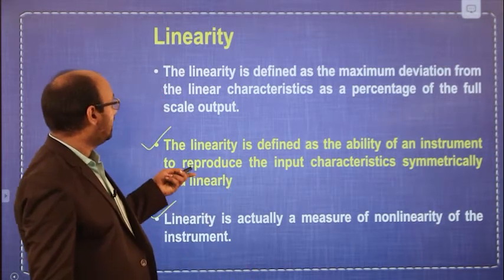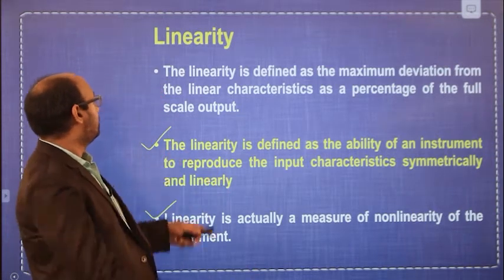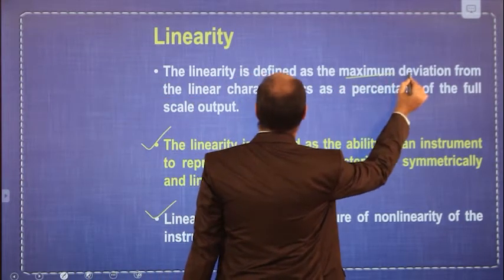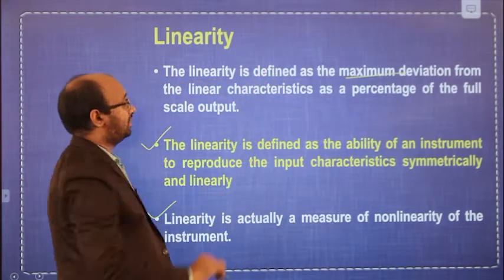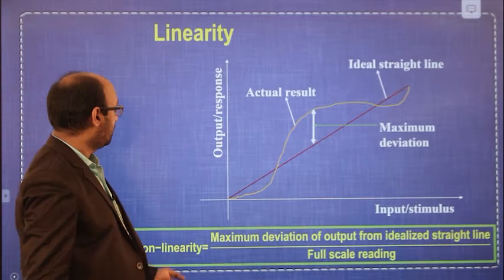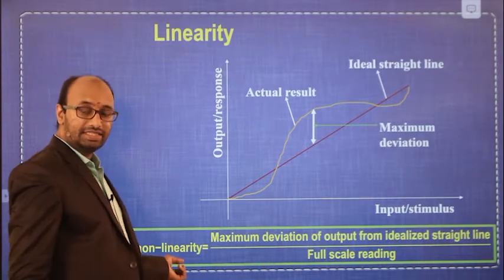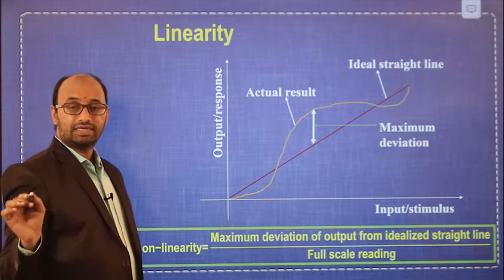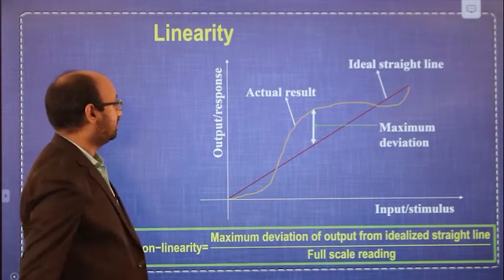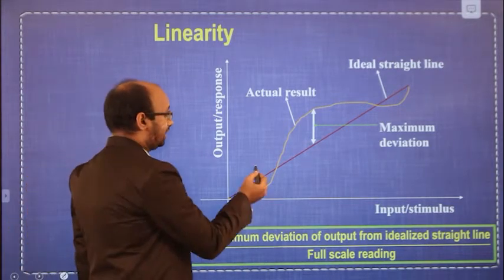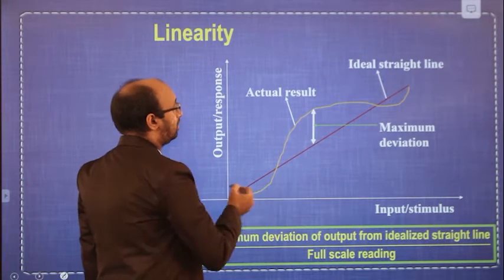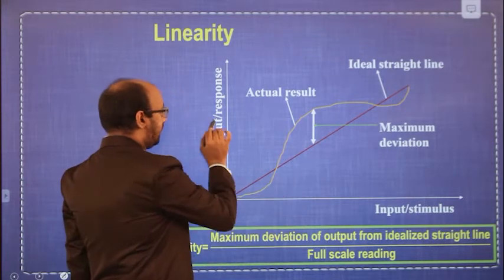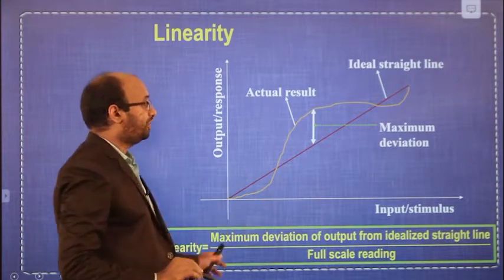Linearity is defined as the maximum deviation of the linear characteristic as a percentage of full scale output. As I said, it is specified in terms of percentage of non-linearity. Let us understand this with the characteristic. Ideally the relation between input and output should be a straight line.